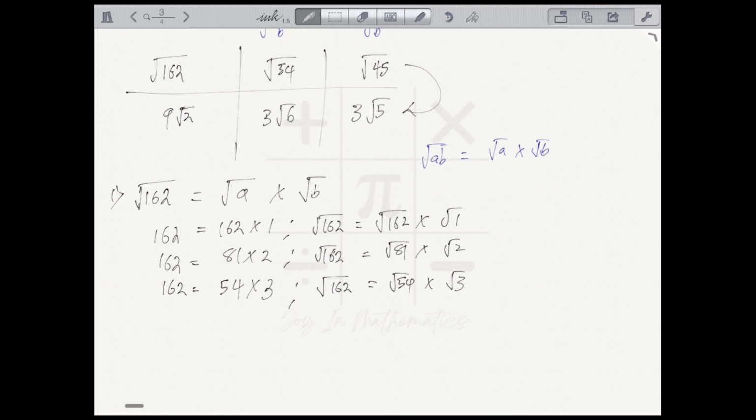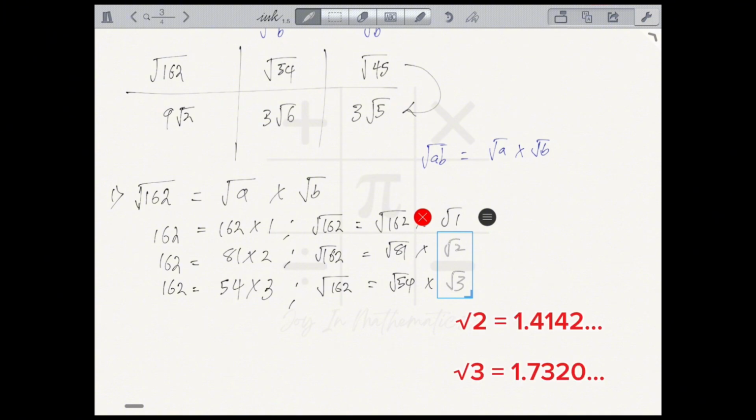Root 1 is 1. However, root 2 and root 3 are surds, and we established in the first video that root 2 is something like 1.414, and it continues. Root 3 is equal to 1.732, and it continues.